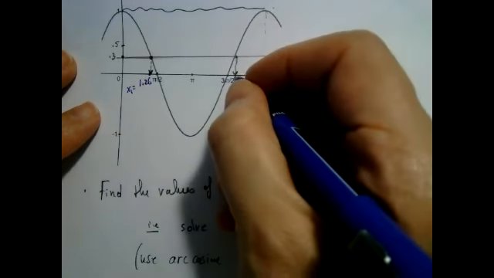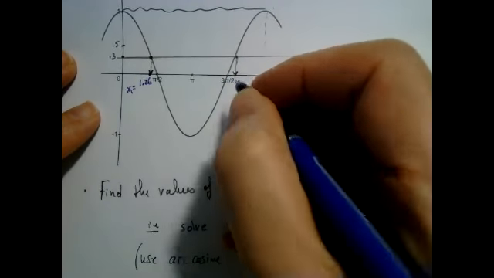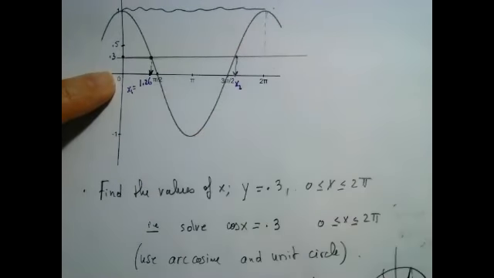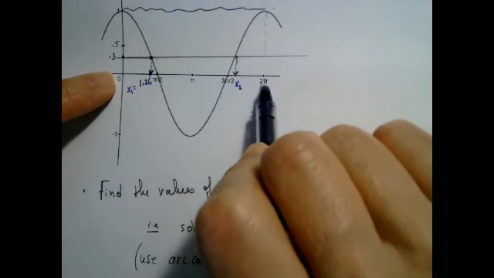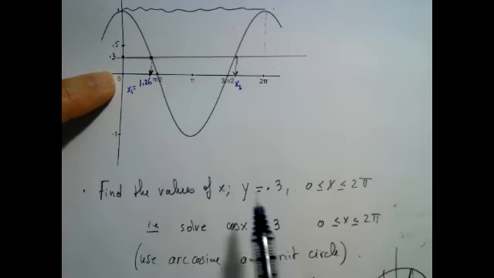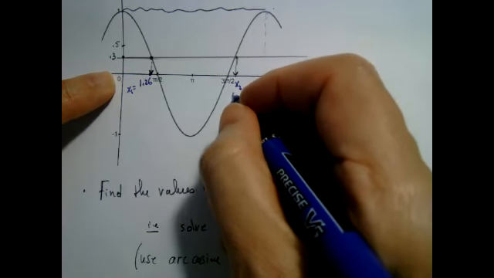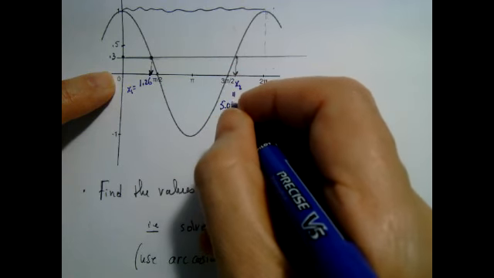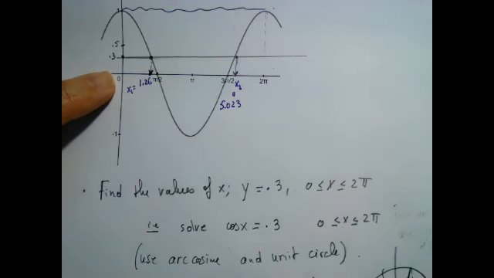And the other value is this one. This is x2. And even from the picture, I know that x1 should be between 0 and pi over 2, which we know is quadrant 1. And x2 has to be between 3 pi over 2 and 2 pi, which is quadrant 4. And x2 is going to be 5.023. Okay.